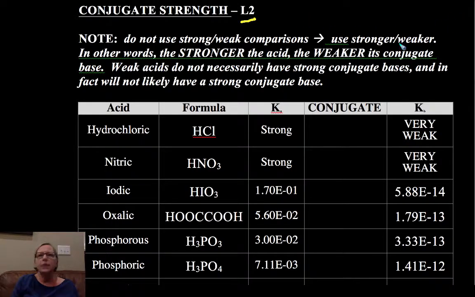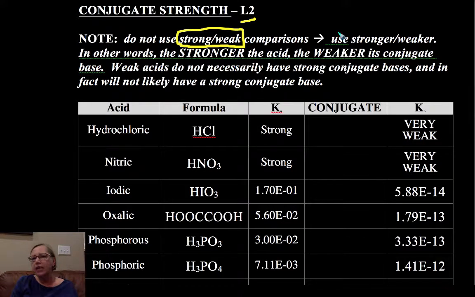Now, one of the things I want to caution us about is language. Language has such subtle differences that can have big differences in meaning. So, when you are talking about conjugates, do not discuss strong and weak.